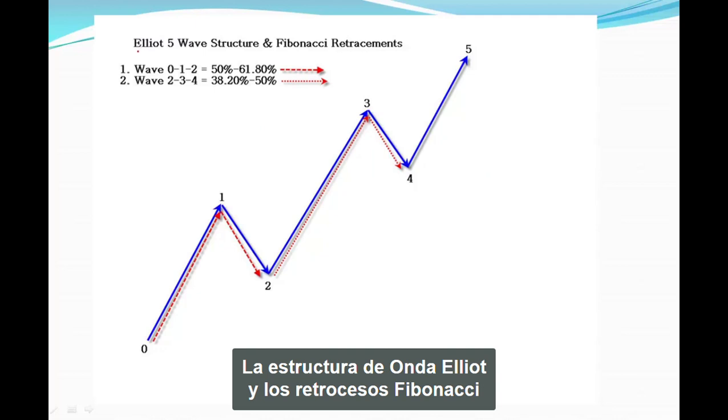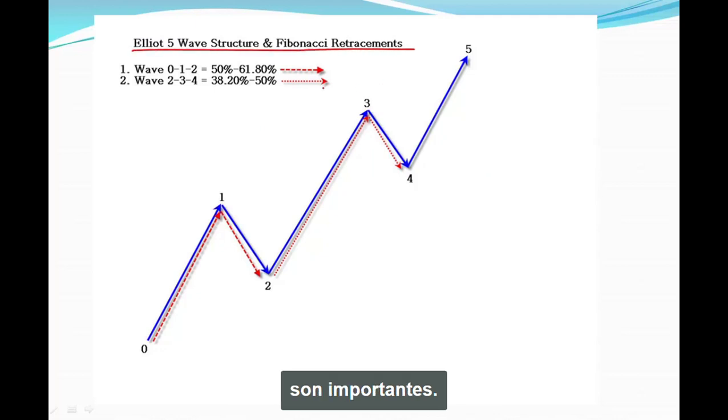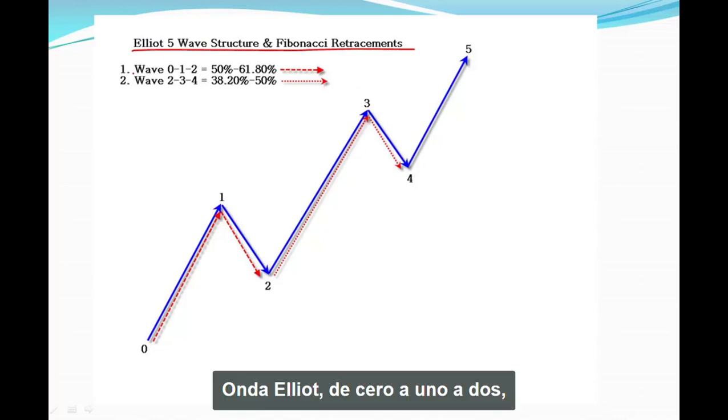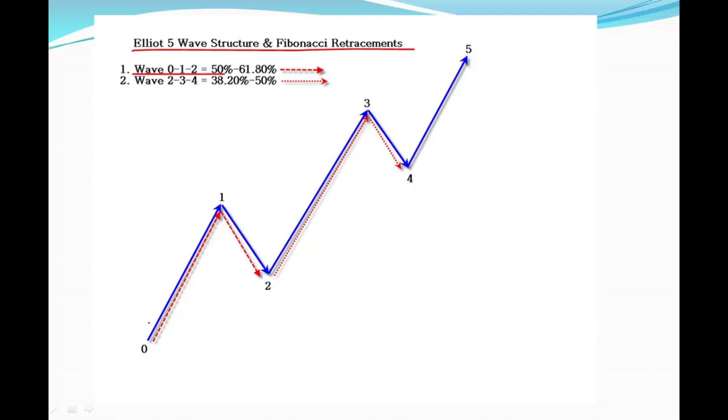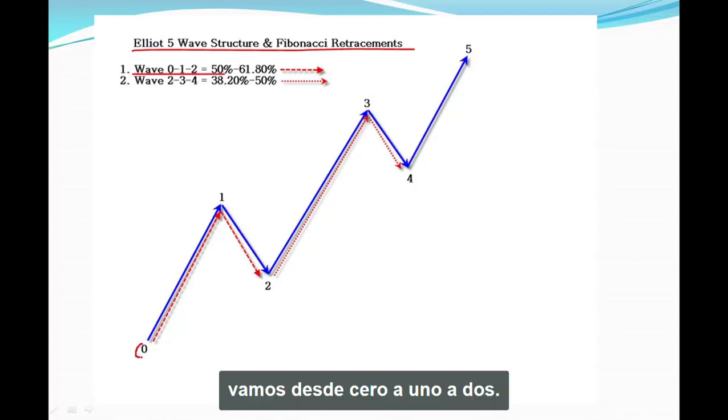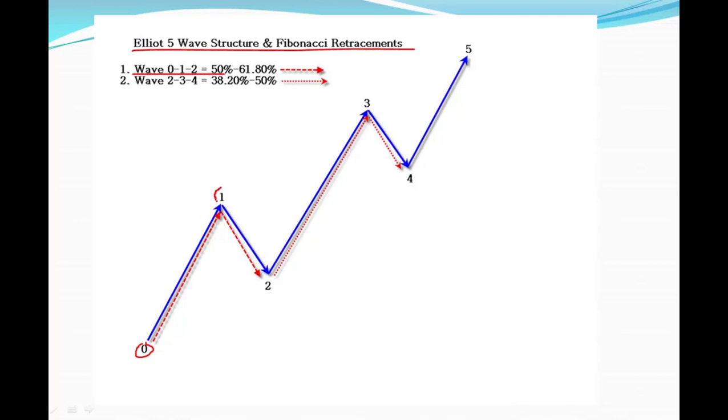Now, the Elliott wave structure and Fibonacci retracements are important. All right, Elliott wave from 0 to 1 to 2. So we go from 0 to 1 to 2.